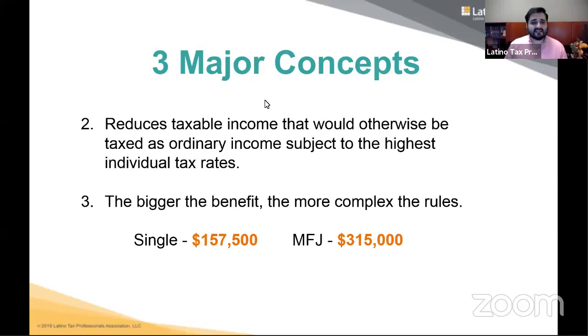Number two, it reduces taxable income, which in turn reduces tax. And number three, these two numbers, 157,500 and 315,000, these are your magic numbers. Keep these in mind. That's going to determine if you qualify or not, or if you have to apply other limitations.